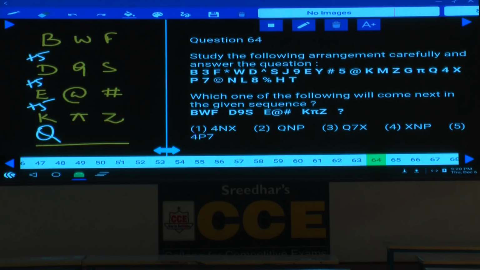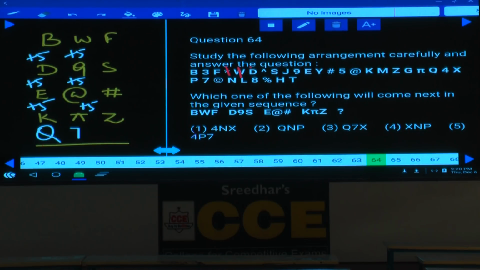Next one, coming to the second letters here, W and 9. What is the difference between W and 9? W and 9, 1, 2, 3, 4, 5, again plus 5. 9 and at the rate of, 1, 2, 3, 4, 5 plus 5. At the rate of and pi, 1, 2, 3, 4, 5. And pi plus 5, 1, 2, 3, 4, 5. What is the element here? 7. Done? Then coming to the third one, F and S. What is the relation between F and S here?